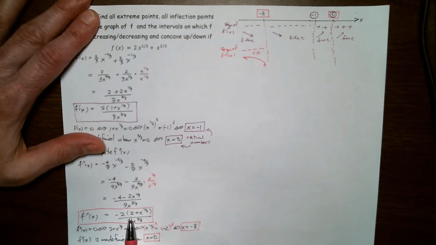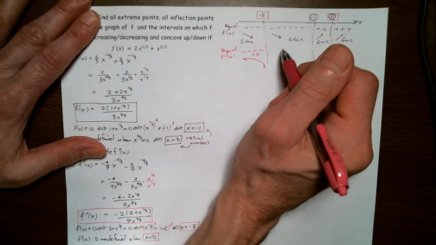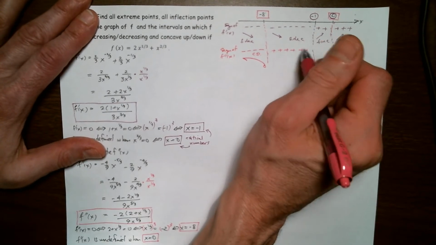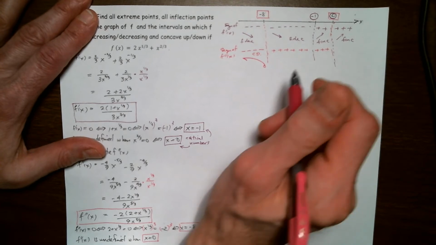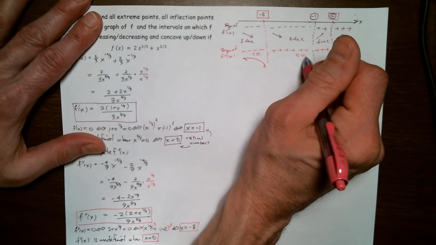So this factor, 2 plus the cube root of x, will now become positive. And so we get a positive times a negative, which is negative on top. The denominator, again, any negative number to the 5/3 power is negative. So if you have a negative divided by a negative, the quotient is positive. So we have positive second derivative whenever x is between minus 8 and 0. So that means our graph of f is concave up.